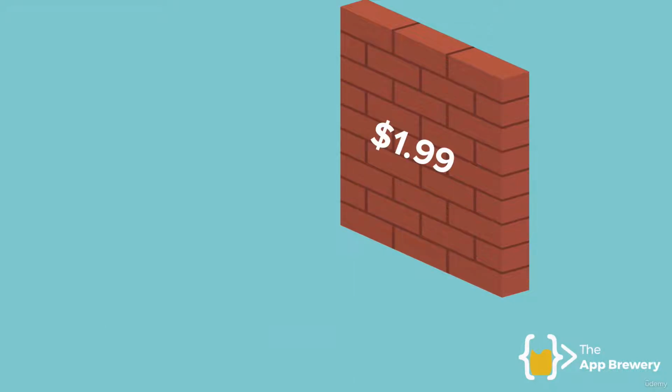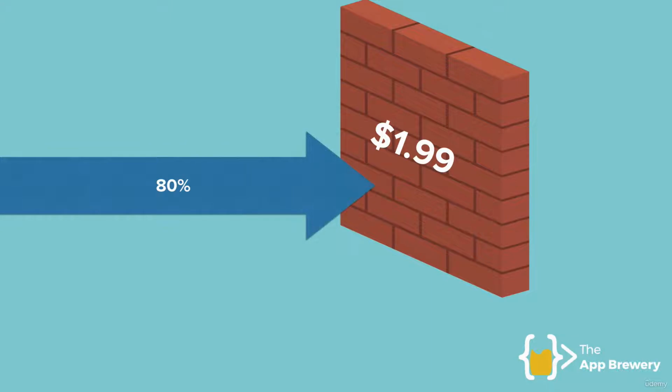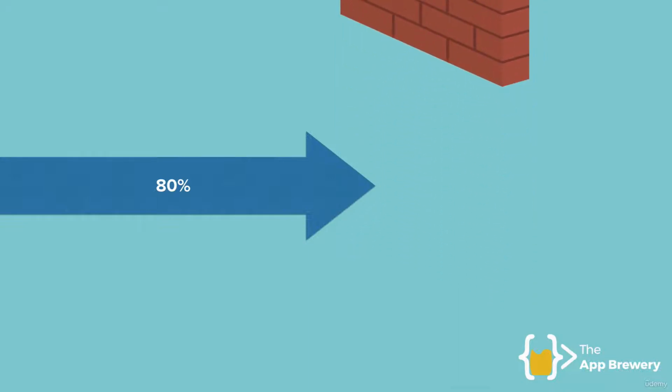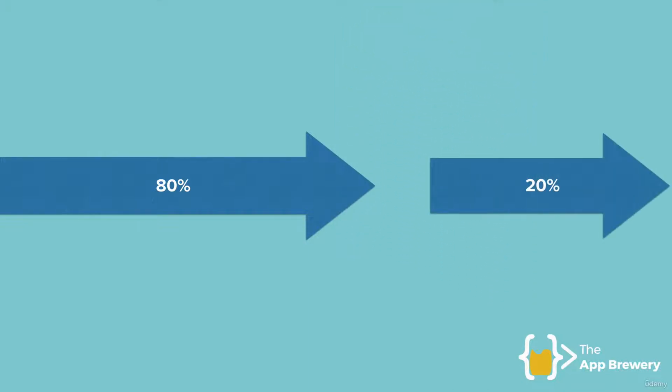So the best way of implementing in-app purchases, from my experience, is giving the user about 80% of all the functionality of your app for free, and only then put up a paywall where they have to pay to get an in-app purchase to upgrade to the premium version or to remove ads or whatever it is that gets them that last 20% out of your app.